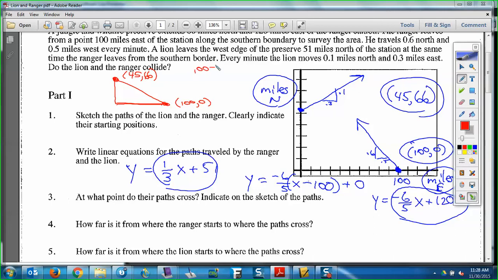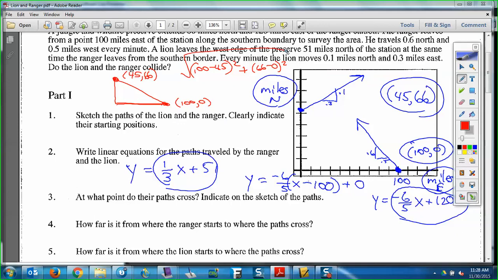That's 100 minus 45, and that would be this distance right here. And then I would square that. And then plus this distance here, which would be the y-coordinate, 66 minus 0, squared. And then that'd be the hypotenuse if I square root that, right? It's Pythagorean theorem. It's just this squared plus this squared and then the square root.